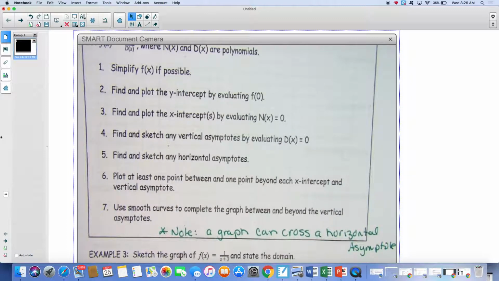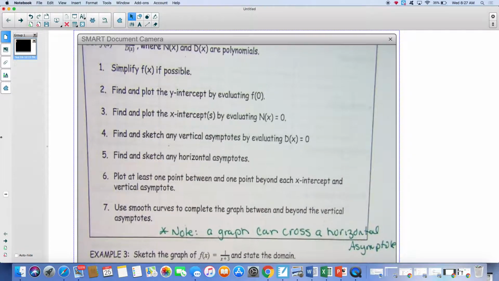It might cross it and then come back and approach it. There are graphs where it will cross. And then what I've done in the notes is I've set these steps up for you.